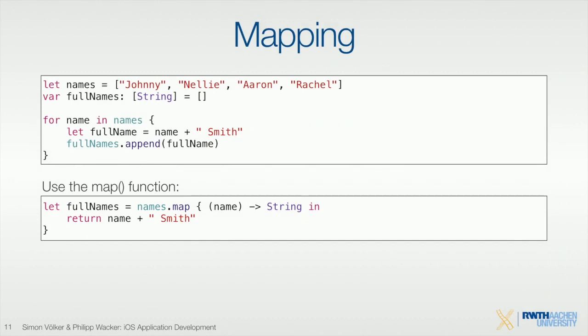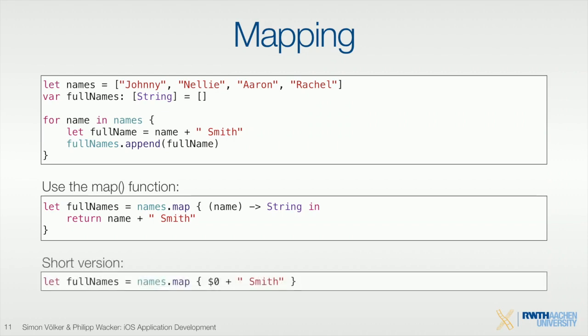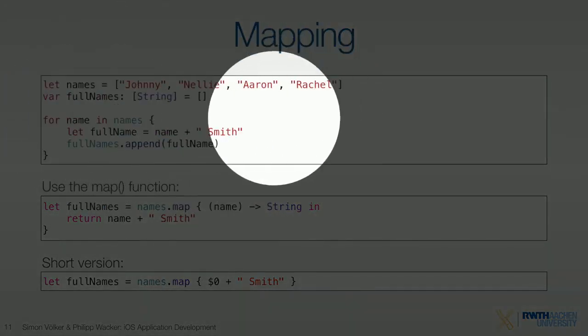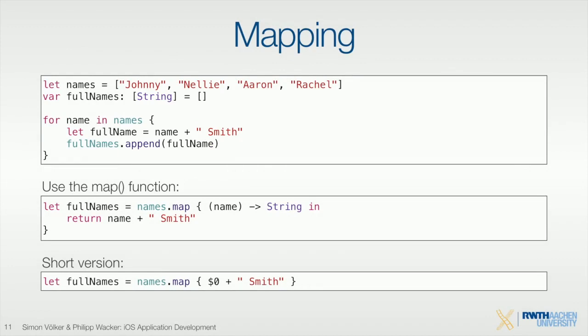But again, I could simplify that based on the rules that we specified, and do the whole thing in a short version: take the element, append Smith to that, and this will create the same array as I would create by using this loop here.